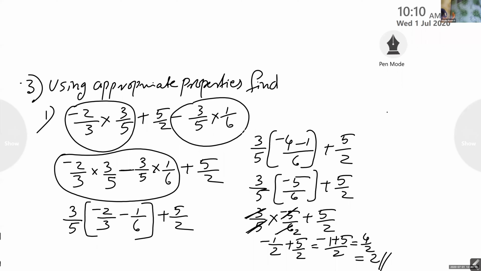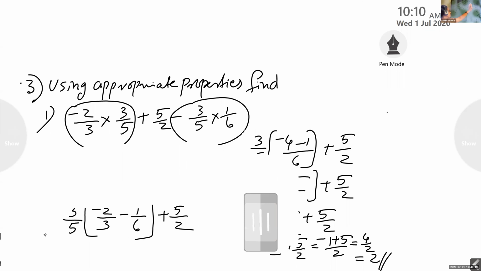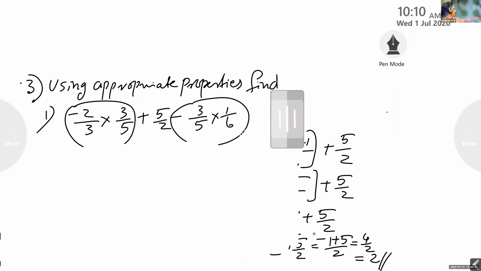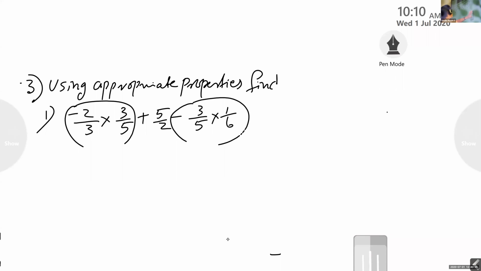Once again, I will explain once again. If anybody has any doubt, you wait. Others, you can write with me. If anybody has doubt, you concentrate while I'm writing. So, in the question, we have 3 terms.